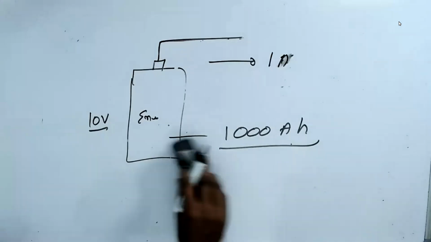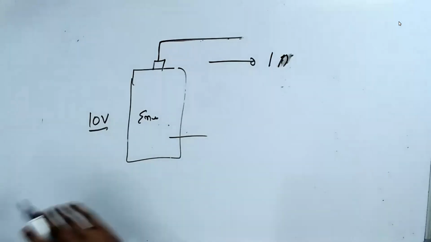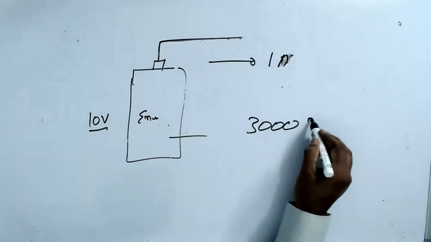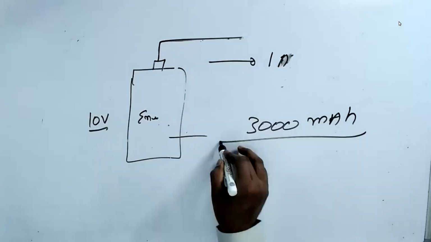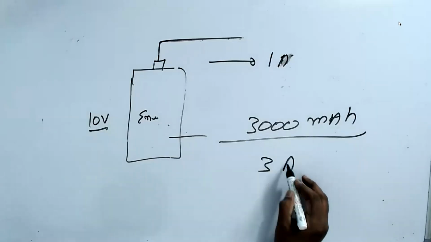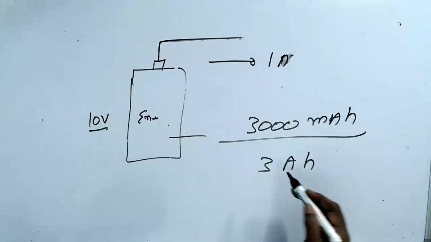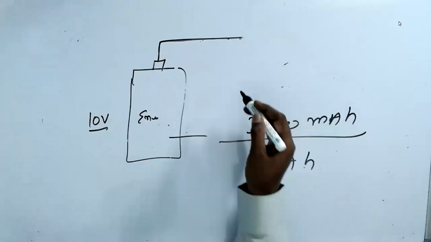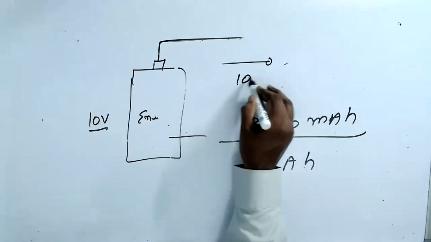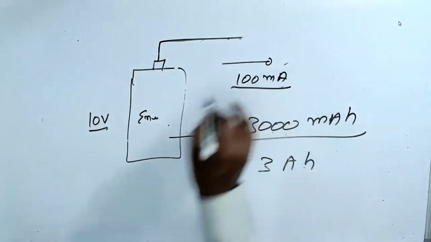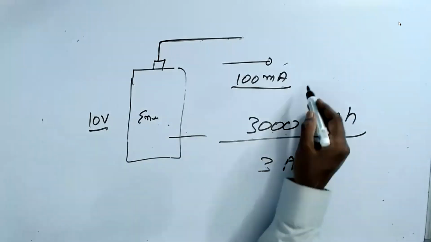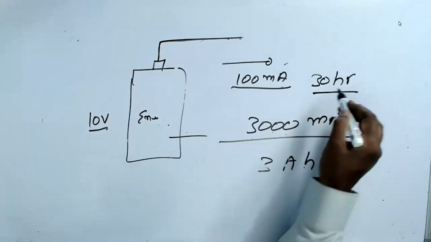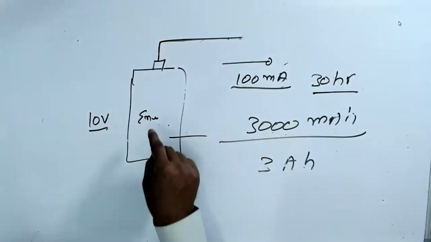Normally, your mobile phone battery is 3000 milliampere hour. Am I right? That means 3 ampere hour. Let's say I am drawing about 100 milliampere. Then 3000 by 100 is 30 hours. I can use this battery energy for 30 hours.